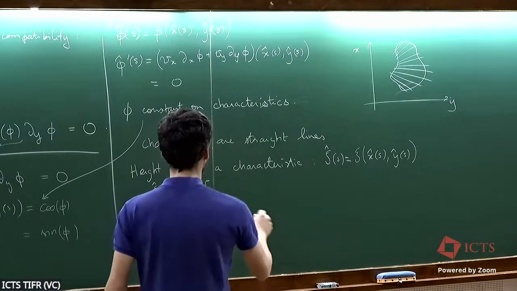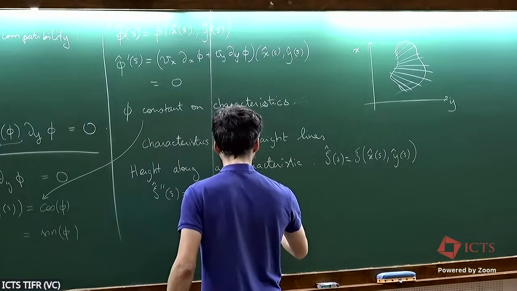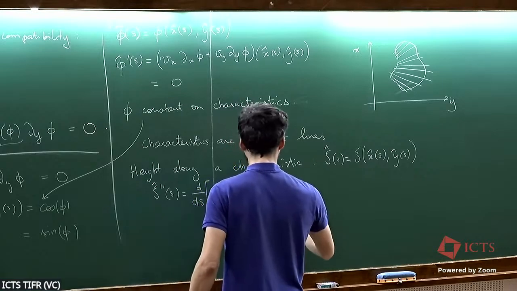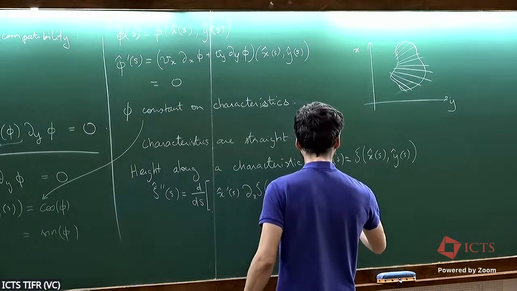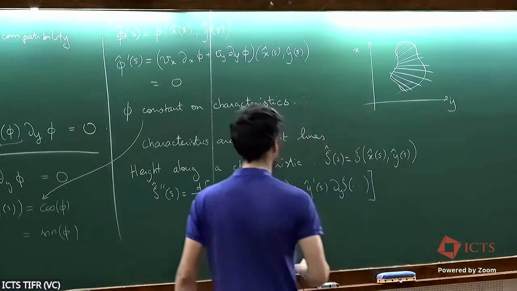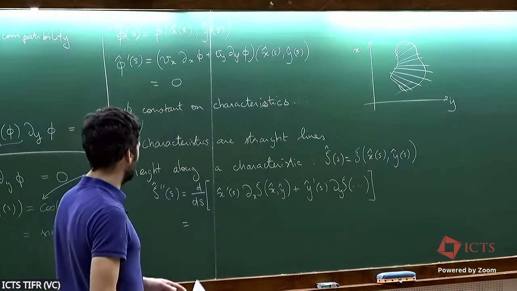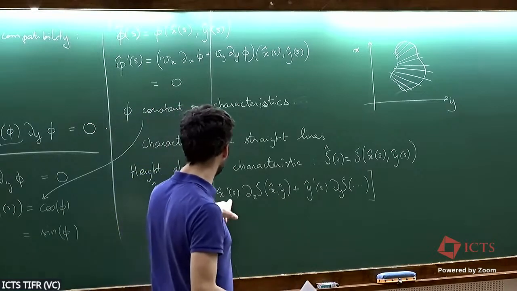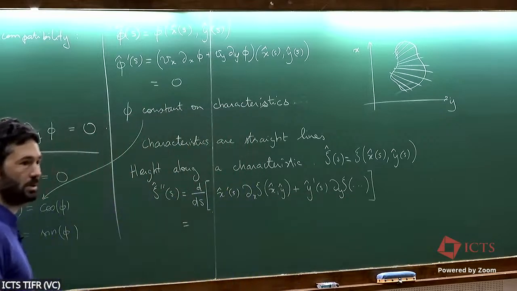When I derive the first, I have x at prime s dx zeta of x at y at plus y at prime of s dy zeta of the same thing. And then I have to derive this with respect to s, but this is easier than expected because the second derivatives of x at and y at are 0 because these are straight lines.